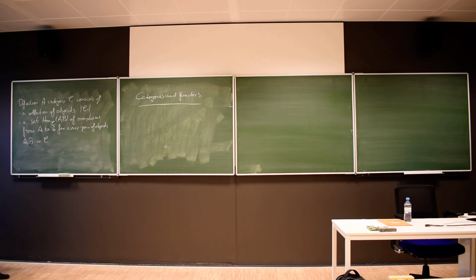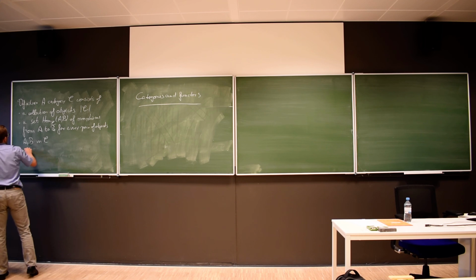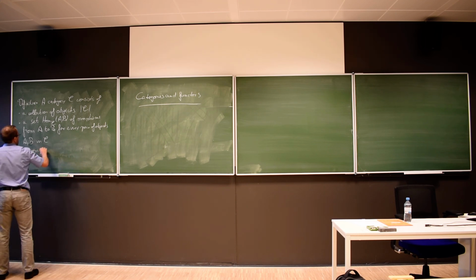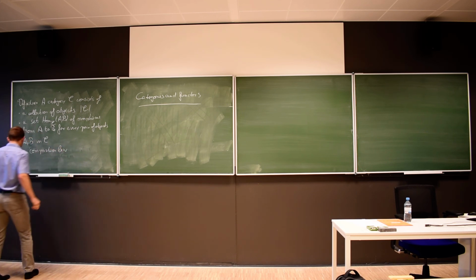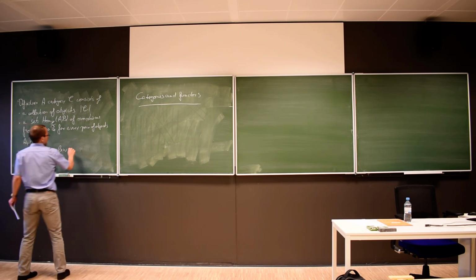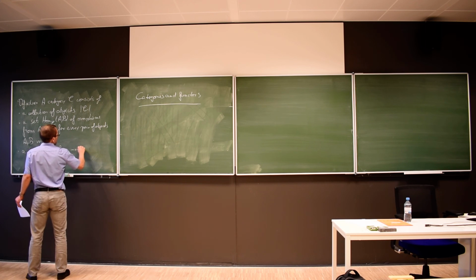And the next piece of data we require is a composition law, and this is now a function of sets. It's a map that's denoted by circle.